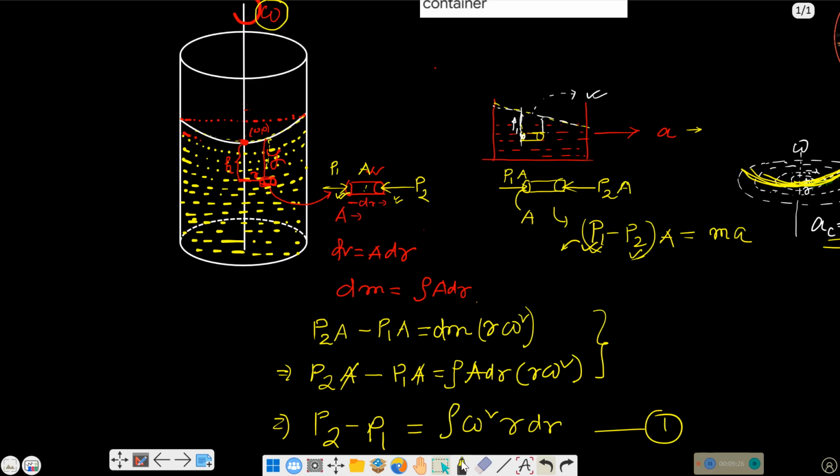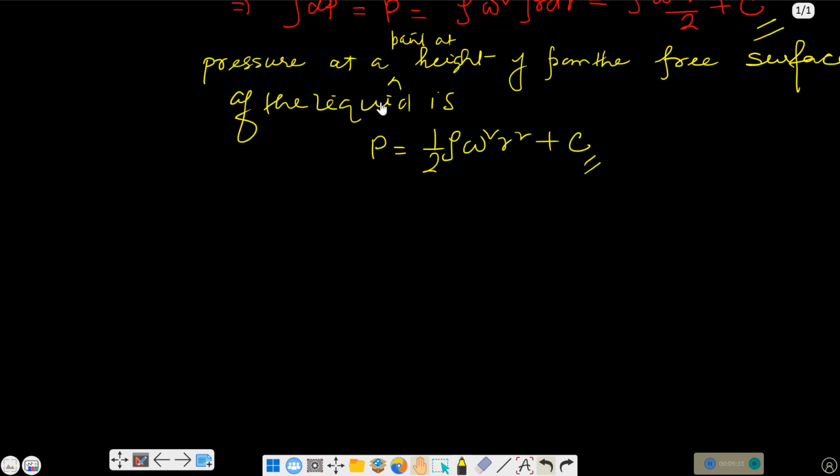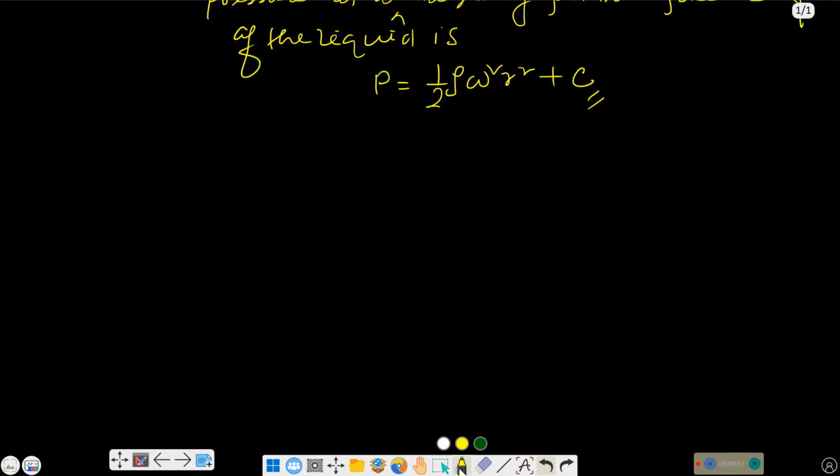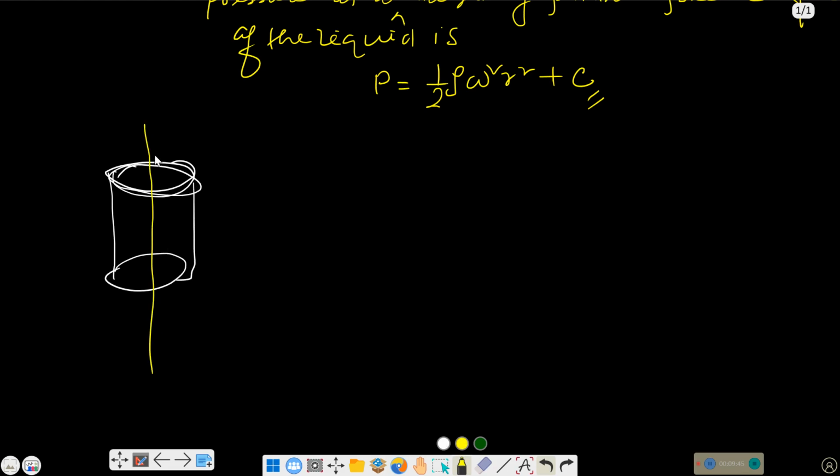For this integration constant, what we have is that this was our cylindrical container. Here we have this particular axis, so from this it is having this particular shape of this surface.